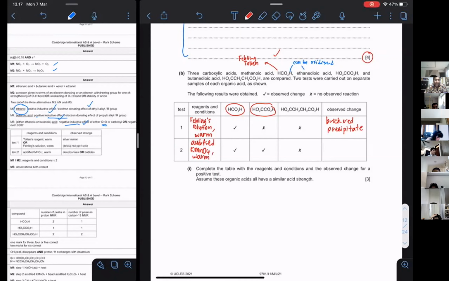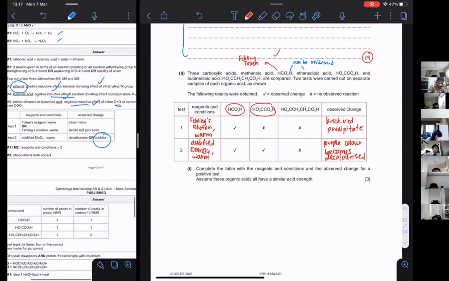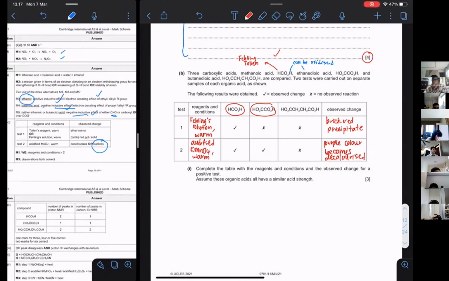The purple color becomes decolorized, and because they form carbon dioxide and water, the carbon dioxide might appear as bubbles. They do accept bubbles also. So do remember, in order to get the marks, you need to mention the conditions.